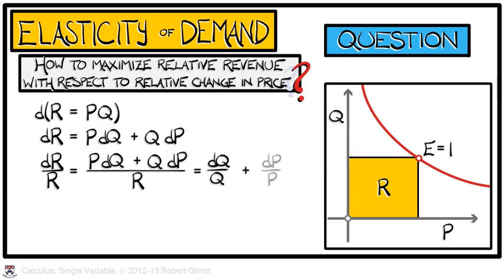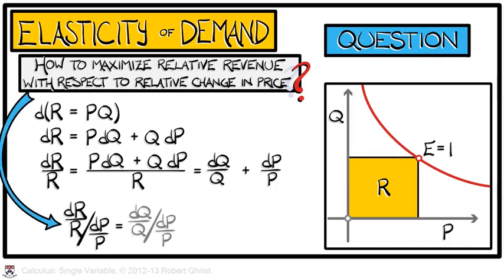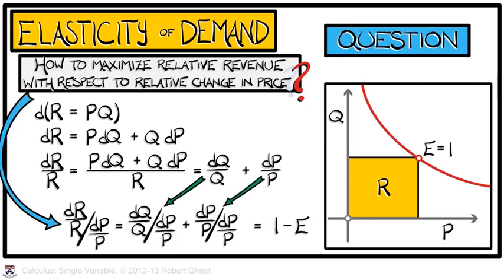We get dQ over Q plus dP over P. And now, looking at the ratio of relative revenue to relative price gives us what? dQ over Q over dP over P plus dP over P over dP over P. That latter term simplifies to 1. The former is negative E.